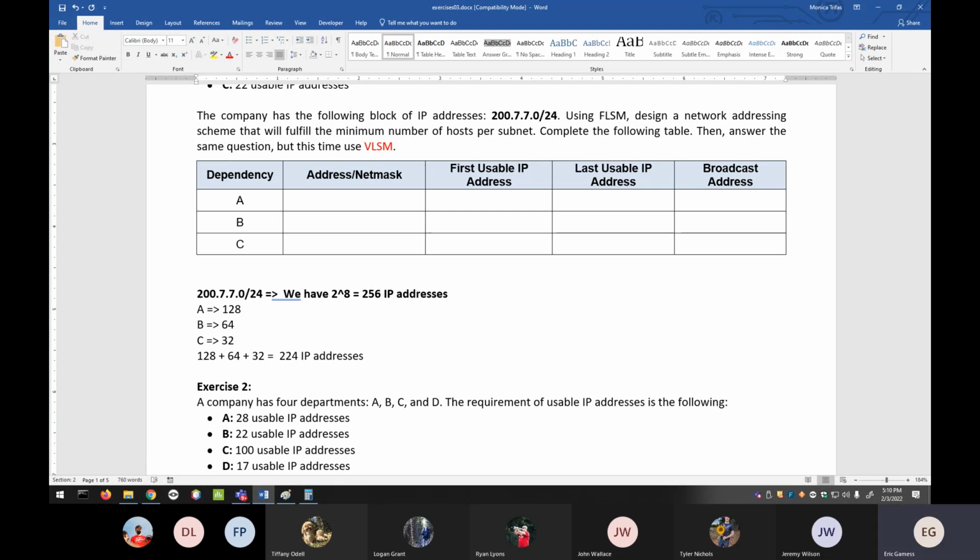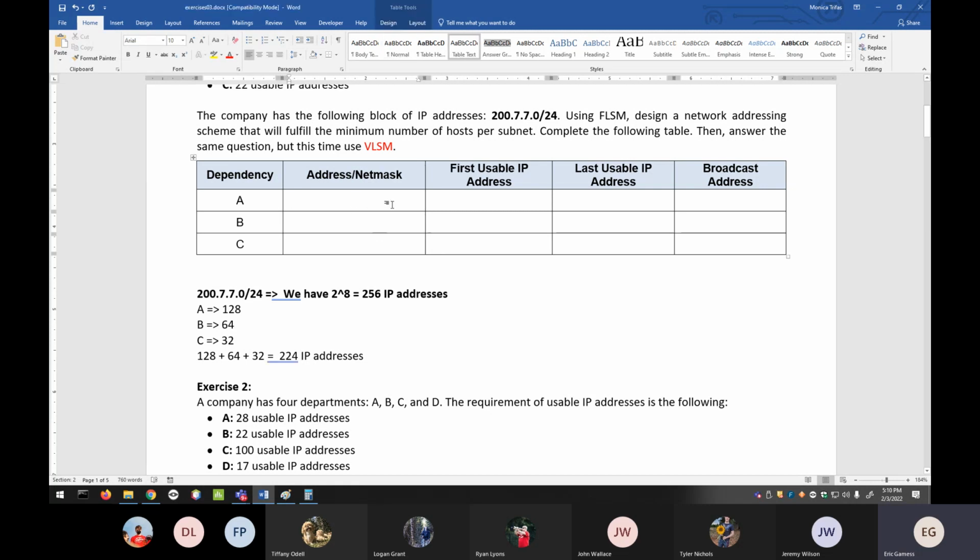I have in total 256, so there is no problem with VLSM. If I do subnetting of different size, there is no problem. It's why we move from FLSM to VLSM, because VLSM gives me more flexibility. I make subnetworks as small as they can be. I don't make all the subnetworks of the same size, which wastes a lot of IP addresses.